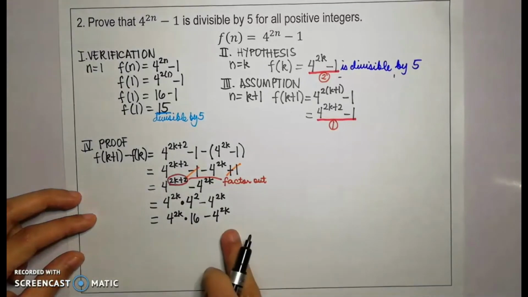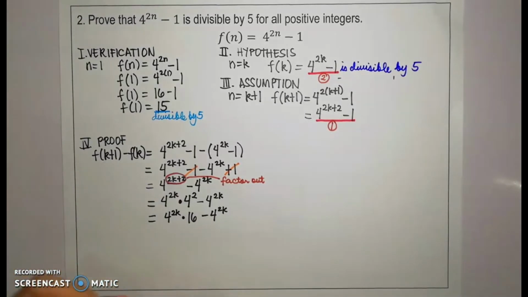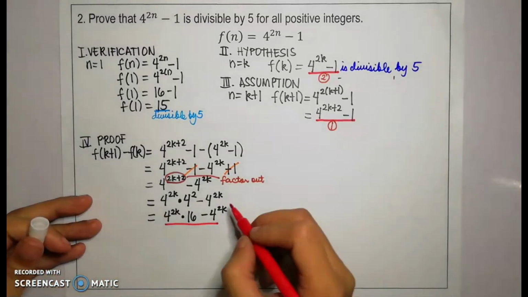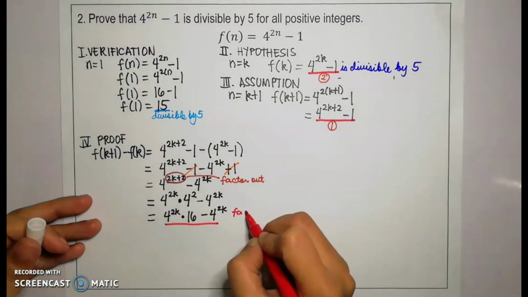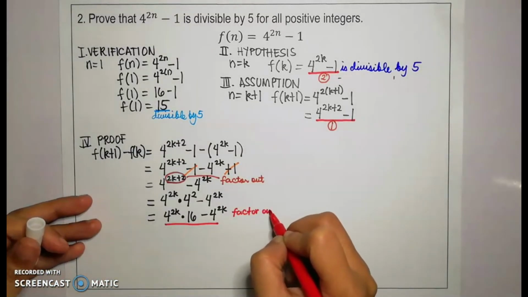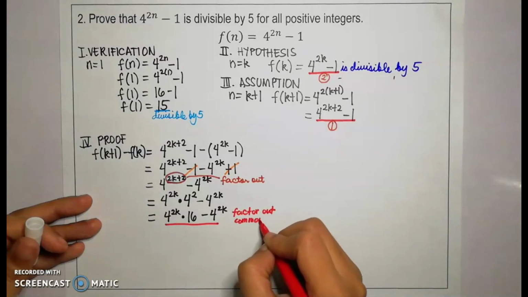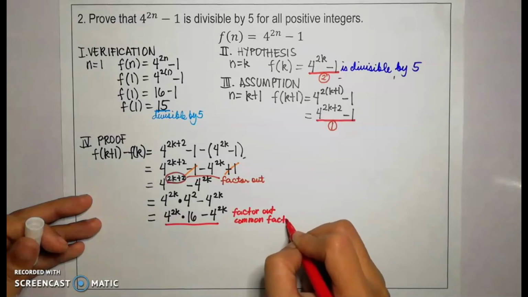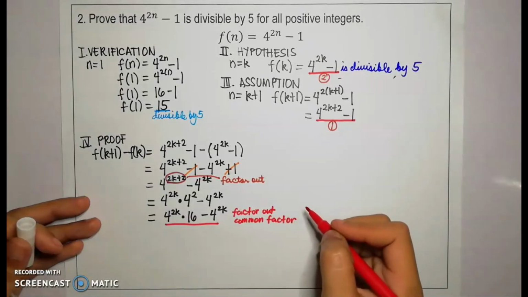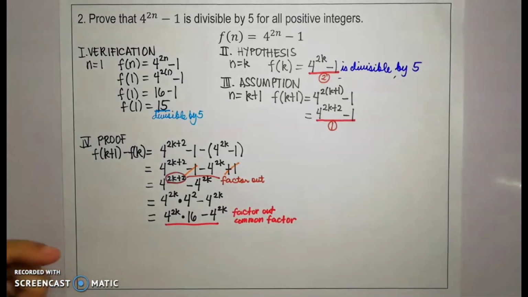We can observe that there is a common factor for these terms, so we need to factor out the common factor. This is for reminder. So what is the common factor?